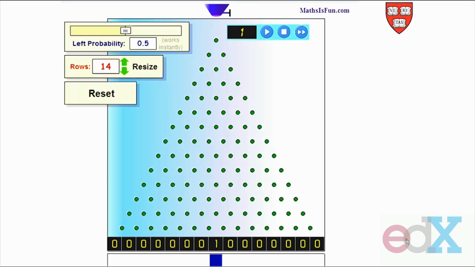So here is the Quincunx, and what I did was I set it off with P equal to 0.5, and here it is with 14 rows. So that's like going to a village and looking at 14 kids to see if they are vaccinated or not. And this is P equal to 0.5, that we will go either left or right every time the ball bounces. So either left or right with equal probability.